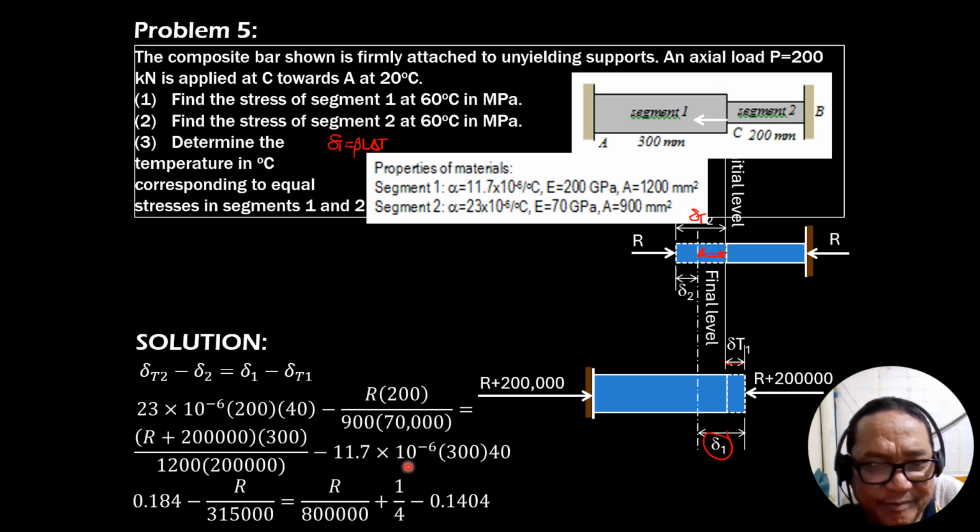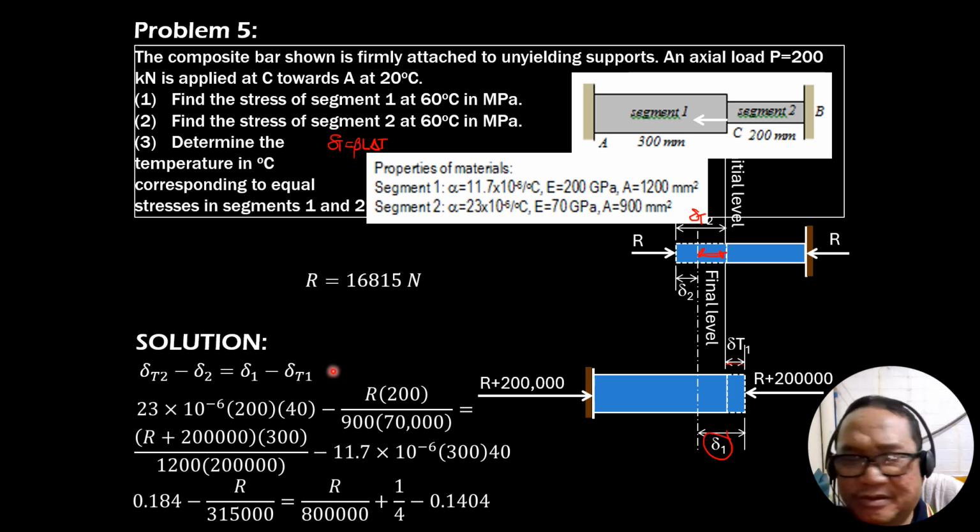Then negative 11.7 times 10 to the negative 6 times 300 times 40 is 0.1404. So from there, we can now solve for R, and R is equal to 16,815 newtons.